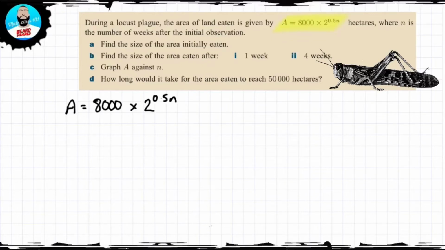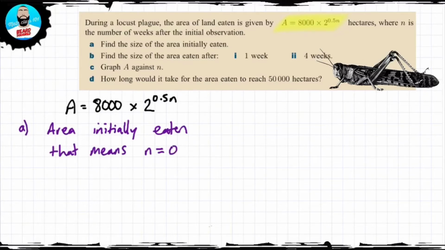So the area is calculated by 8,000 times 2 to the power of 0.5n. Therefore, the initial area eaten is going to be when n equals 0. So we're going to substitute n to equal 0.